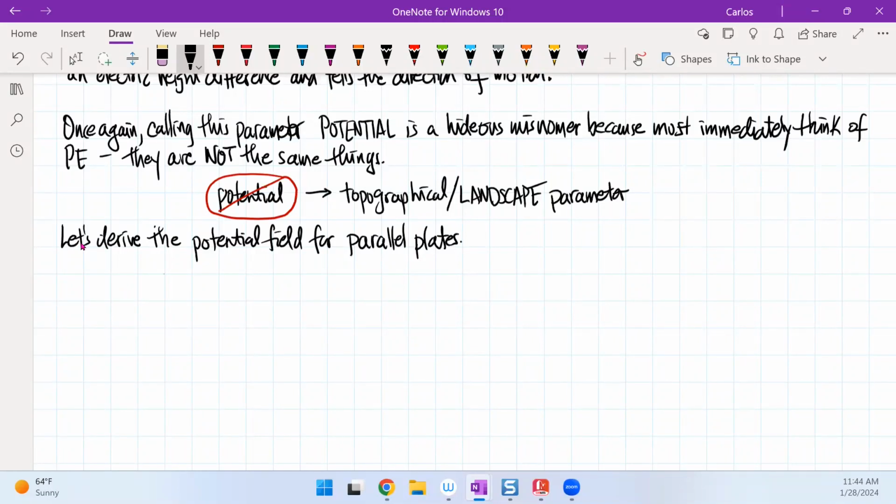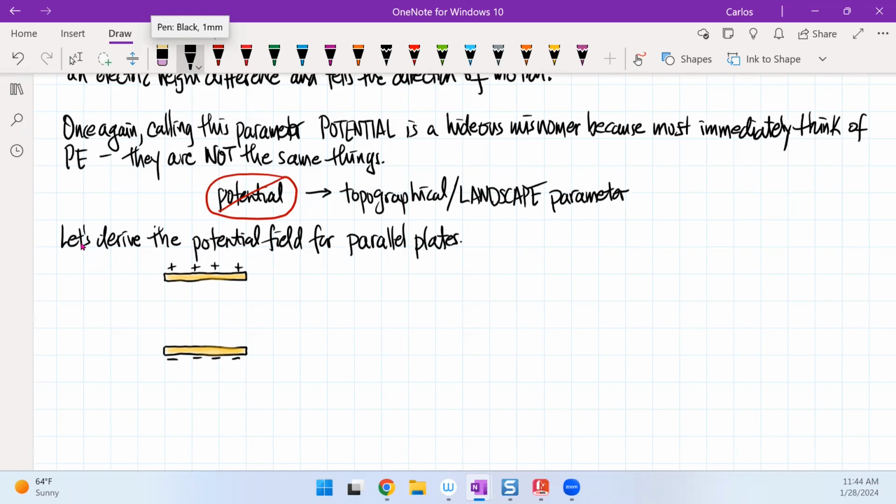If I have parallel plates, I imagine that we have plates that are relatively close to each other. And what we'll do here is say that this guy up here is a positive charged plate, and this guy is a negative charged plate down here at the bottom.